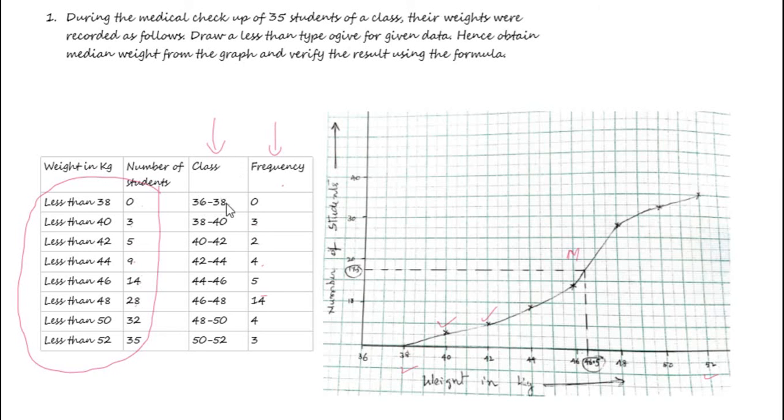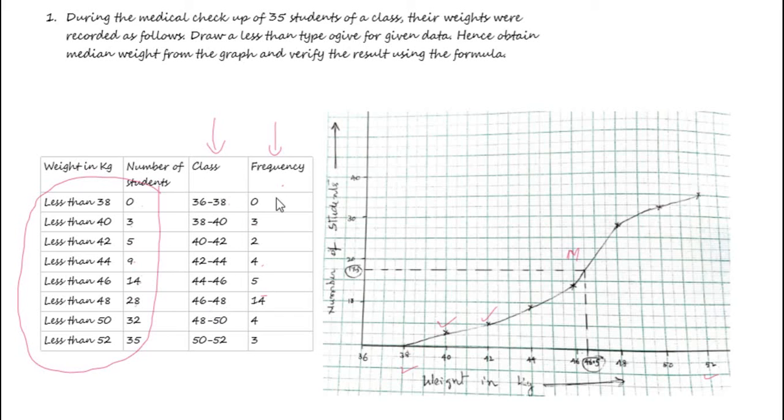One is the class. Here the class is not given, so we need to find out that the class width or class interval is 2. Here the upper limit is 38, so the lower limit is 36. So the first class is 36 to 38, the next one is 38 to 40. Like that I have populated this column.